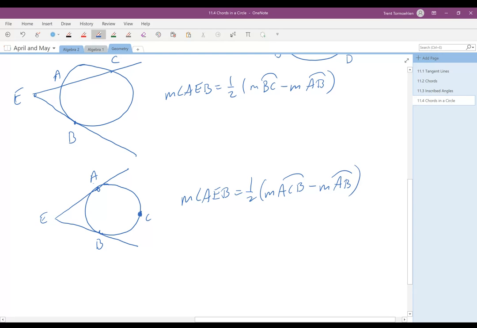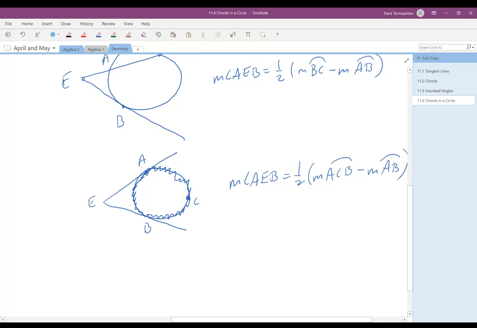But don't forget that those two arcs, ACB, all the way from A to B going the long way, and A to B the short way, actually add up to 360. So that becomes some special things happening because you know the sum of those two arcs is 360. And that helps you solve problems involving them.